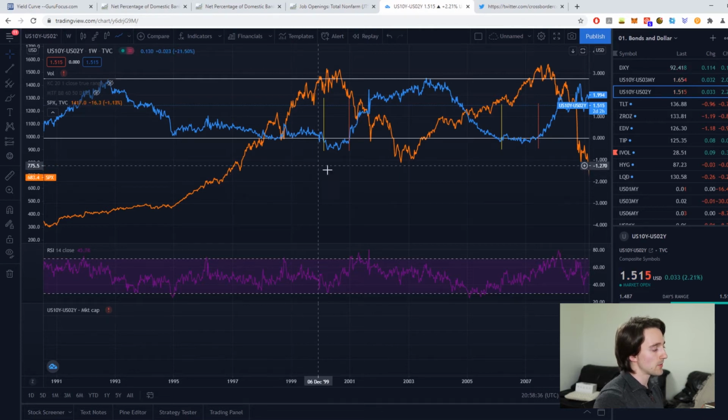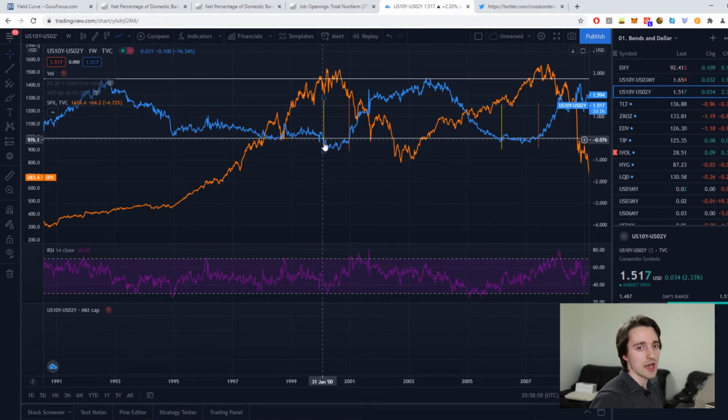And usually if you want to try and time it even more, the yield curve inversion, the first time it inverts, is definitely not when the recession is happening. The recession is definitely happening closer to when that yield curve starts to steepen, right? As I mentioned, we have the inversion, the yield curve stays inverted.